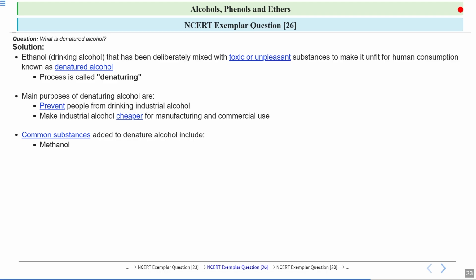So methanol is highly toxic and it can cause serious health issues if it is consumed. So if you have to denature the alcohol, you can add methanol. Or you can add copper sulfate, which is CuSO4. This is another additive. It gives the alcohol a distinctive color and taste, further deterring its consumption.